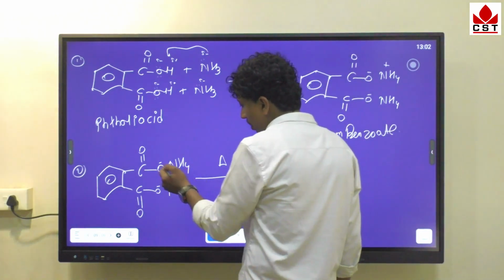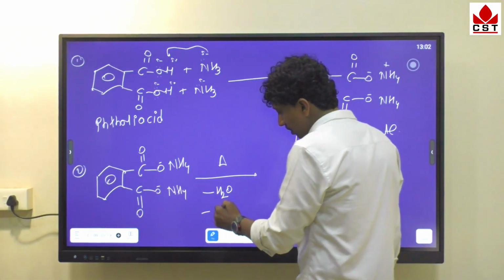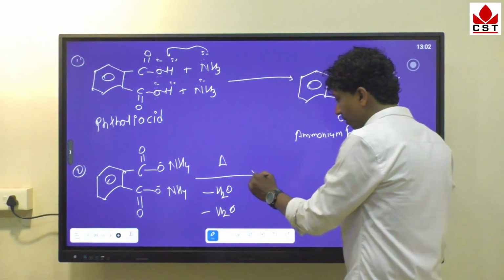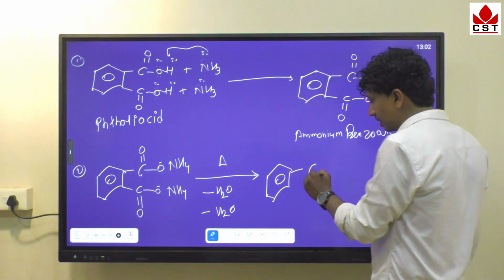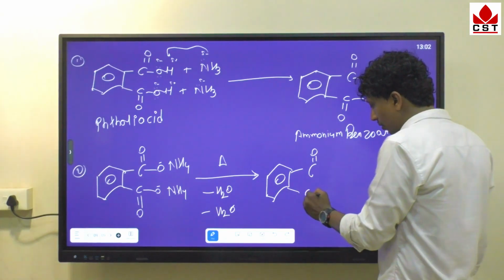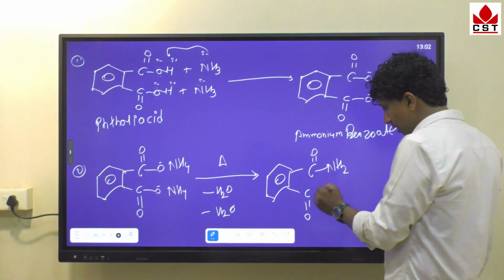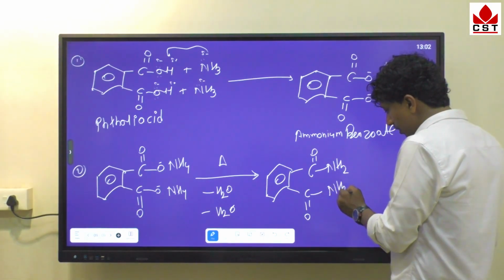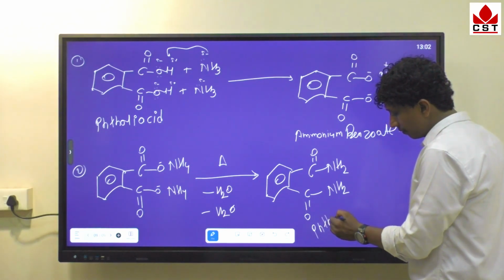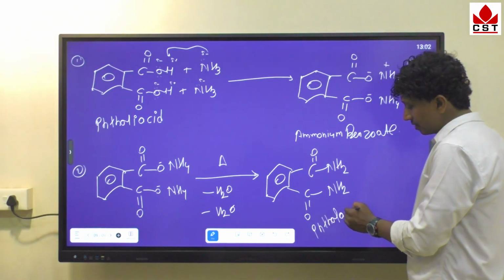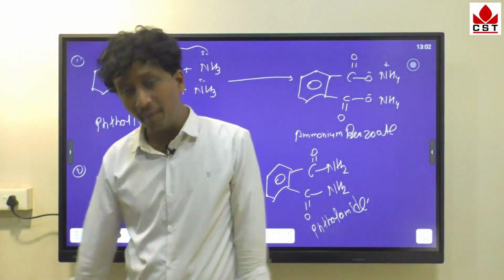In the reaction, 2 hydrogen 1 oxygen, minus water, twice, is lost, and the ring of the compound is as it is, with C double bond O and NH2 groups. The compound is phthalamide.